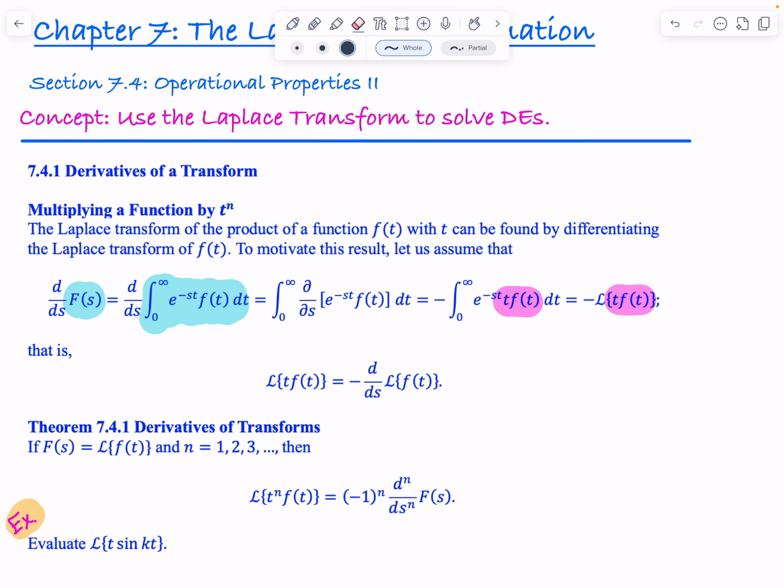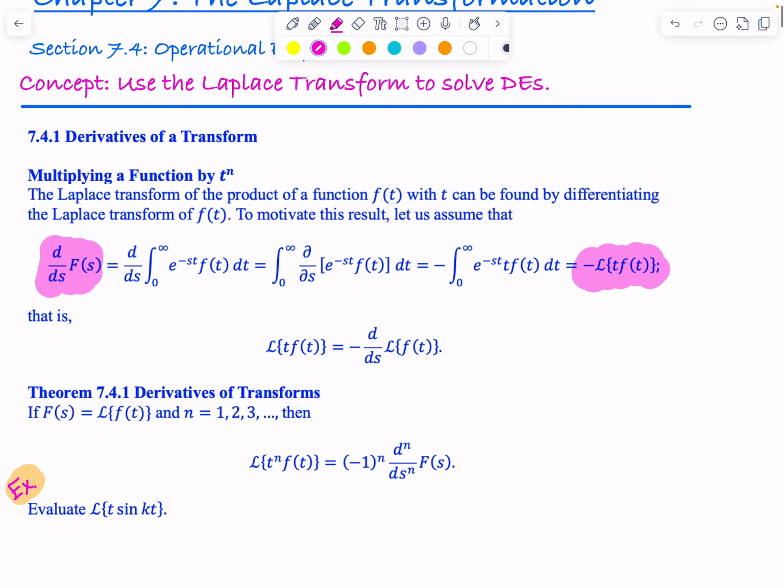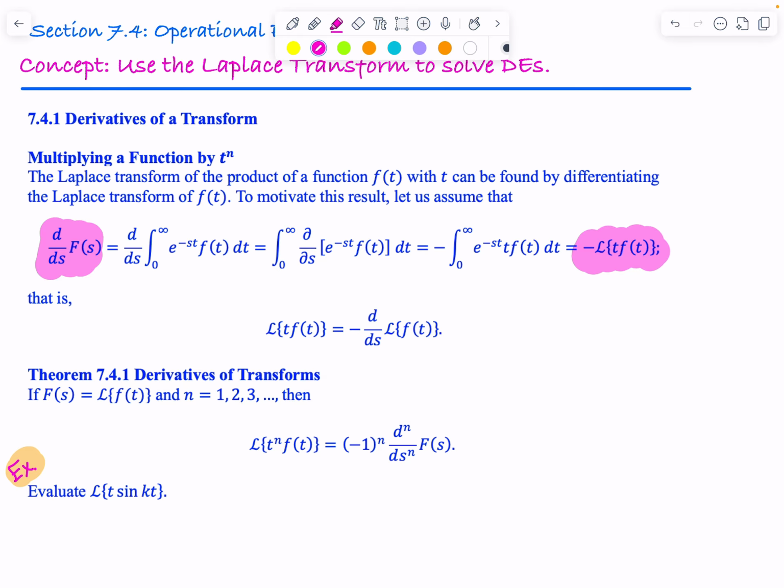So let me clear all that out. I know that this side is equal to this side. So I could just divide by negative, and I get that the Laplace of t f(t) is negative the derivative.